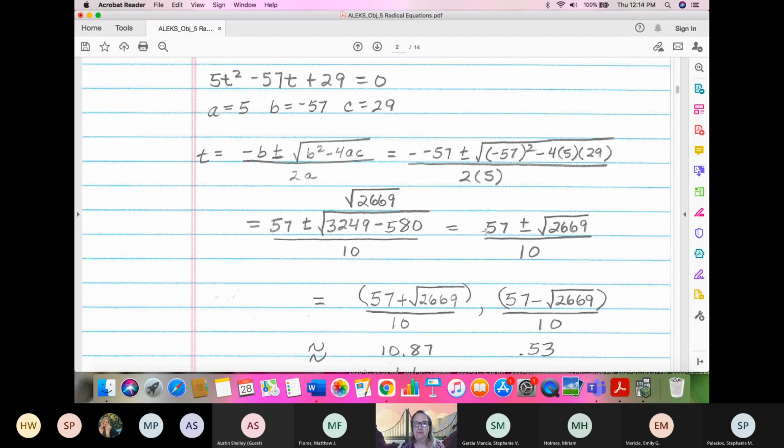So let's clean this up a bit. Negative of a negative is a positive 57, plus or minus square root.